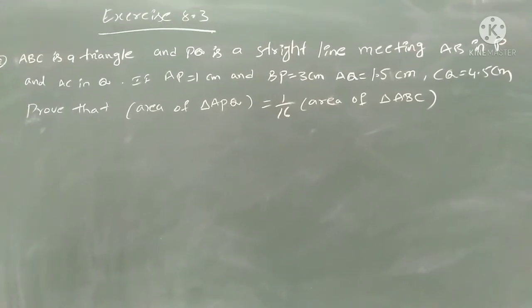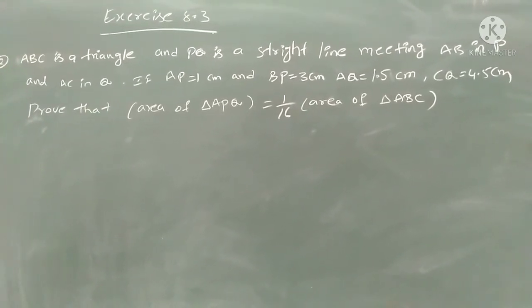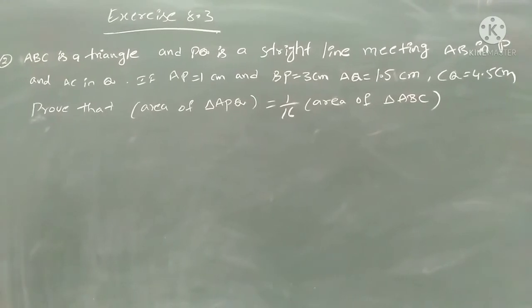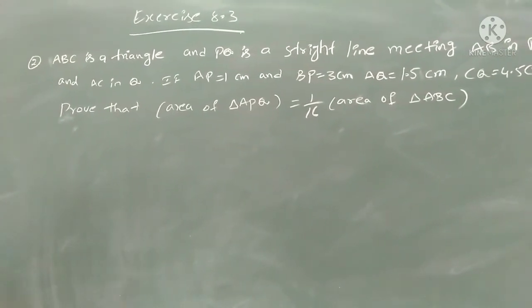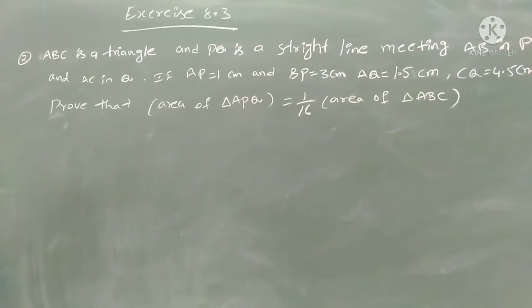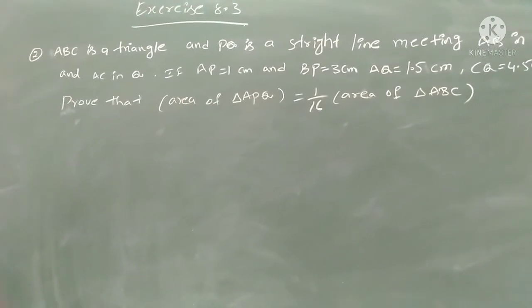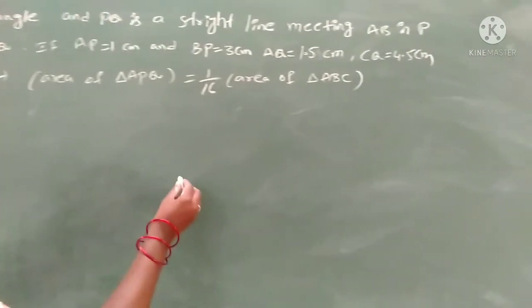AQ equal to 1.5 centimeters, CQ equal to 4.5 centimeters. Prove that area of triangle APQ equal to 1 by 16 area of triangle ABC. First we draw the diagram.